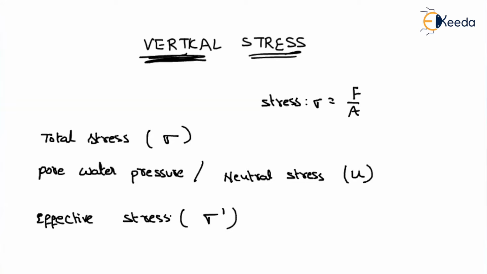This parameter is useful in so many ways in engineering constructions also. If you want to study the strength of any material, the effective stress is the most important thing. Effective stress is the stress transferred from soil grain to soil grain. Let us discuss in brief about these 3 points.